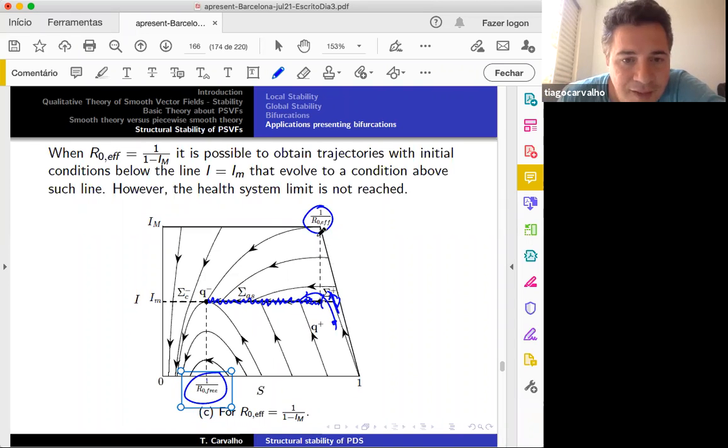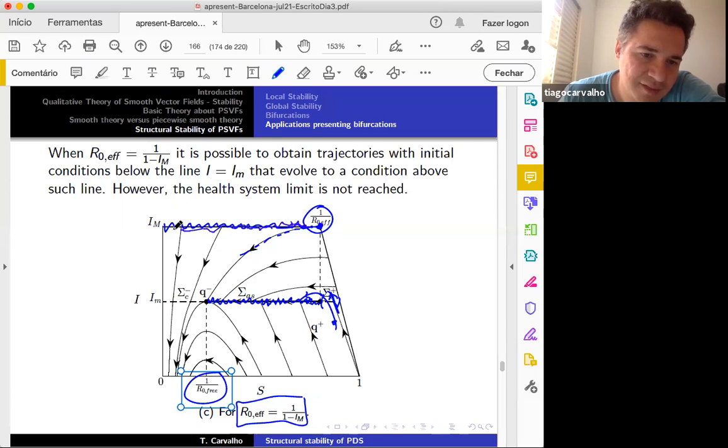Moreover, there is a tangent point here for this specific value of this number, and any trajectory is reaching this line, except for this point.